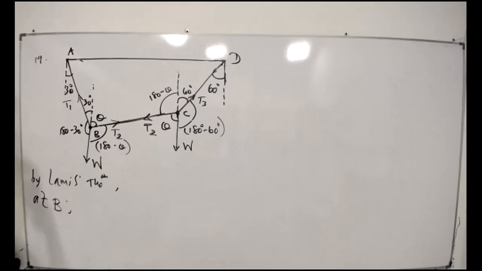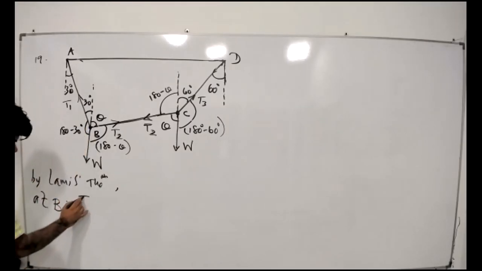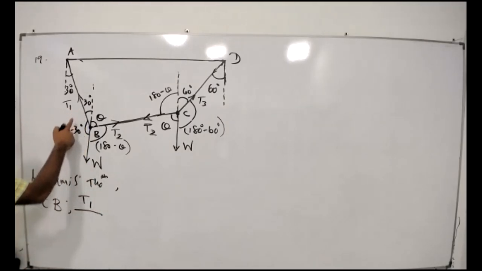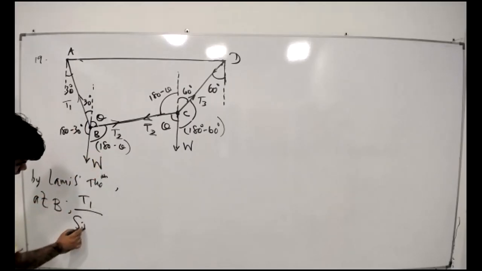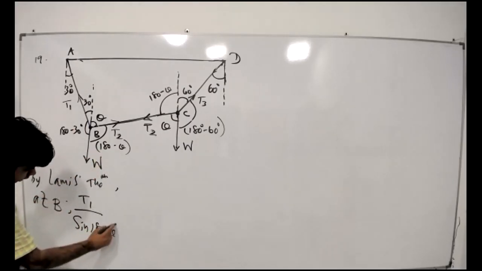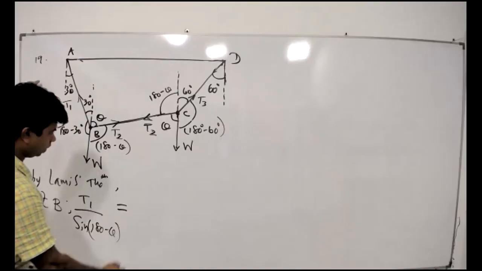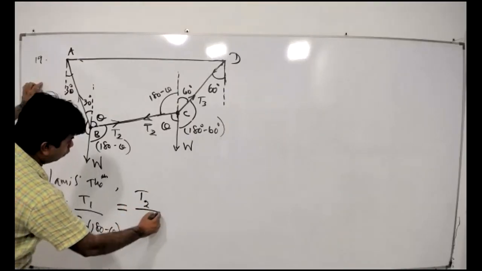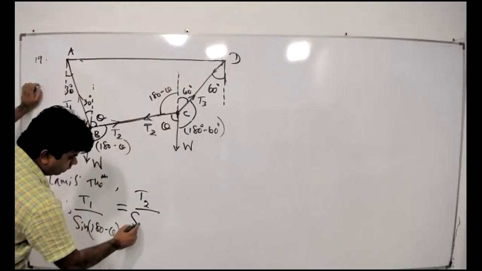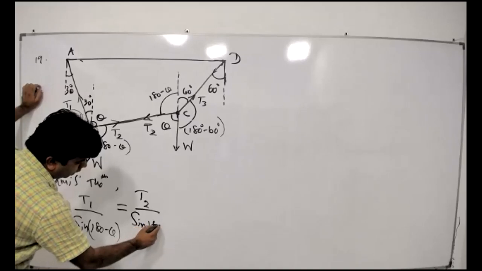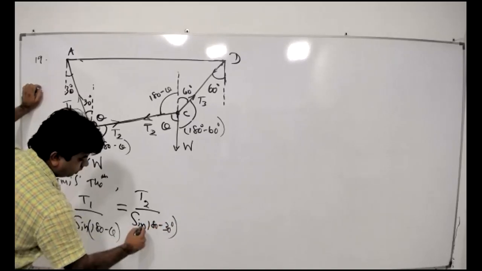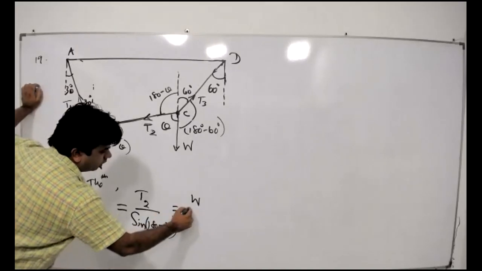You know that here T1 over sine 180 minus theta equals T2 over sine 180 minus 30 equals W over sine theta plus 30.